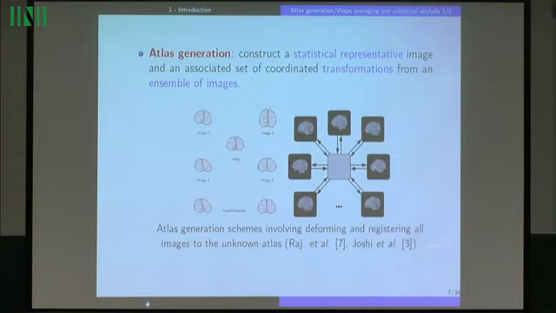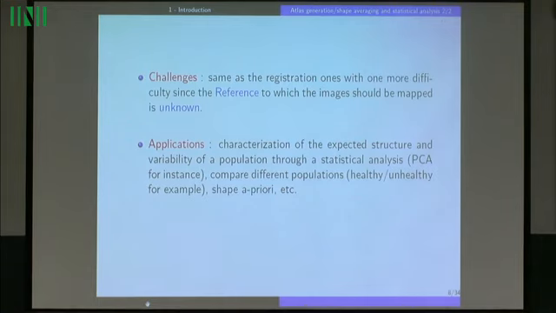We want to find the best mean representing a set of images, and we also want the deformations from each image to this mean image. So it includes the registration task, and it presents the same challenges, except that in this context the reference image to which all the images should be aligned is also unknown, so it adds a difficulty.